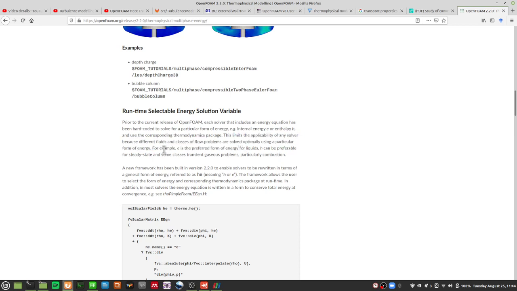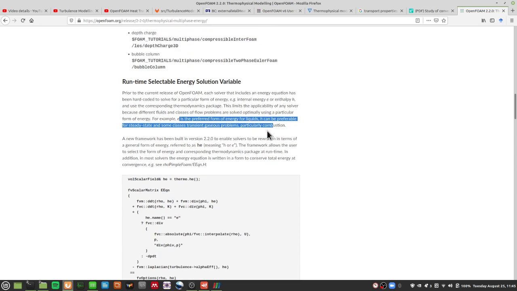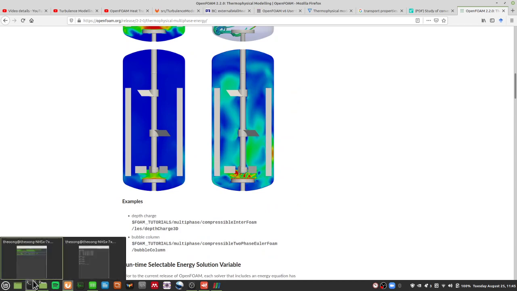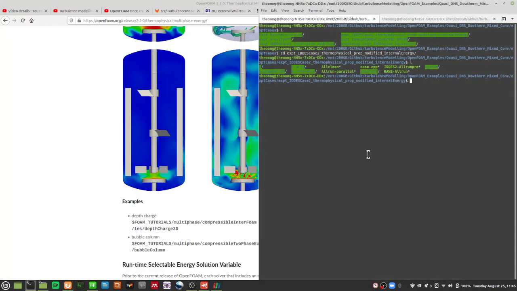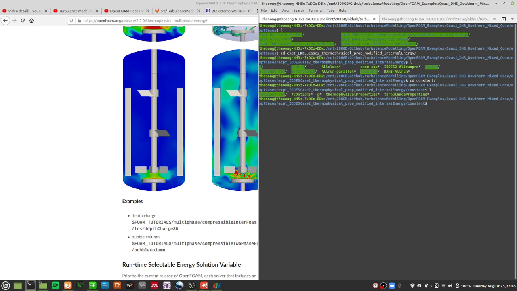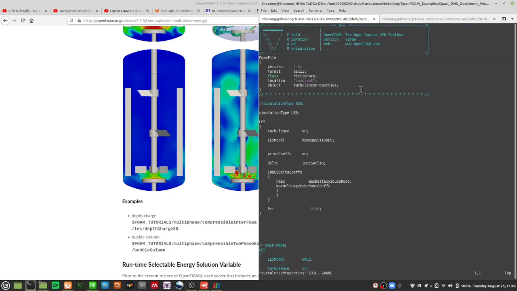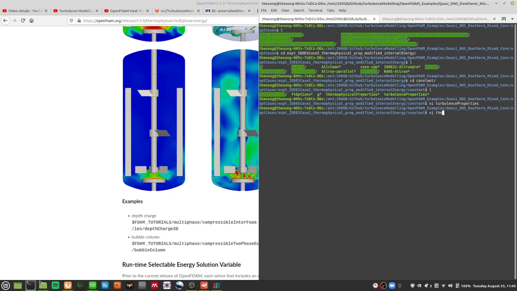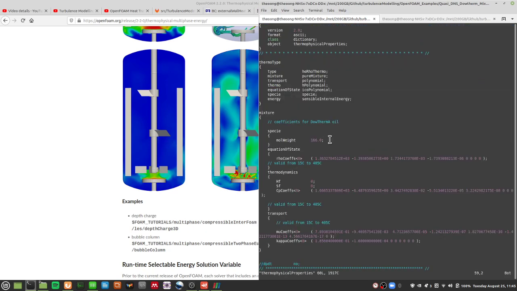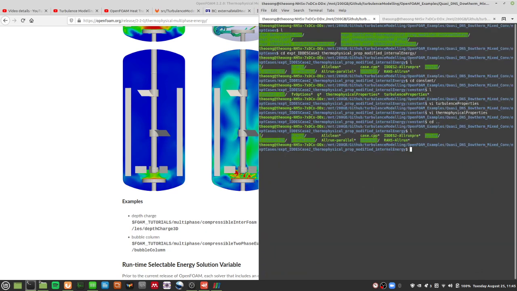E is the preferred form of energies for fluid. H is the preferable form for steady state and some classes of transient gaseous problems, especially combustion. So actually using internal energy as a way to solve tends to be more stable for the algorithm. So I tried changing that in the thermophysical properties to sensible internal energy, and that didn't work out very well.